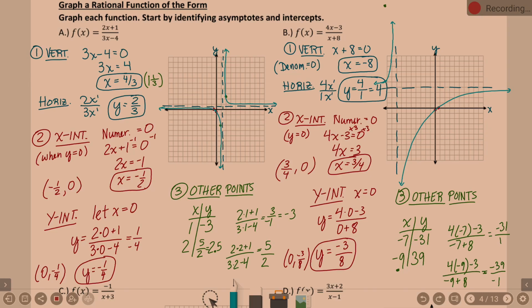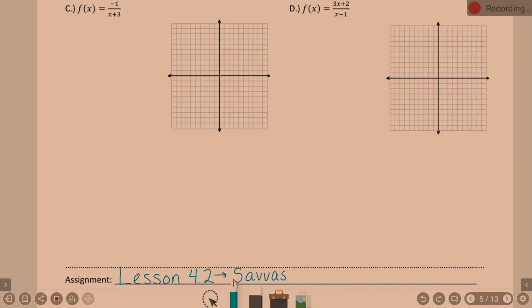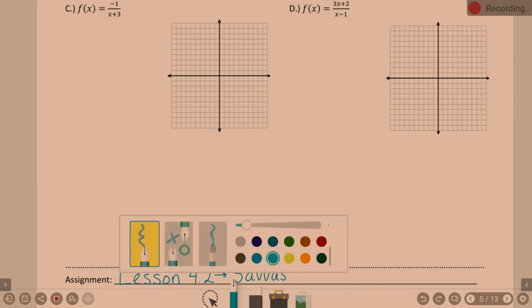Okay. I only have one fraction on C. There's only one fraction on D also. Let's look at it. Okay. C. We've been starting with what?